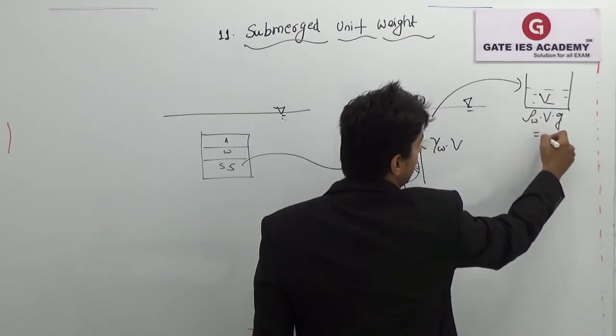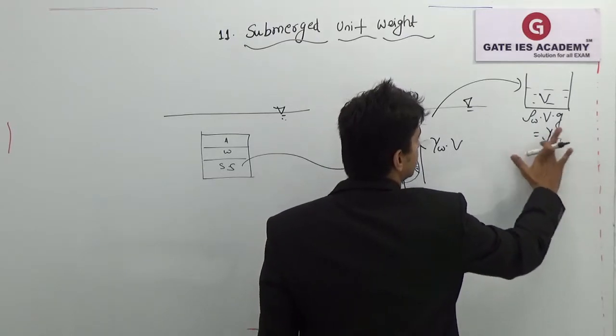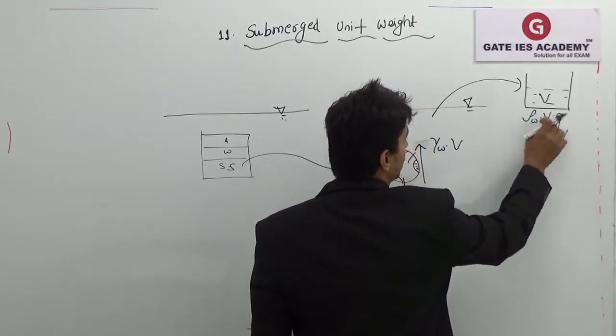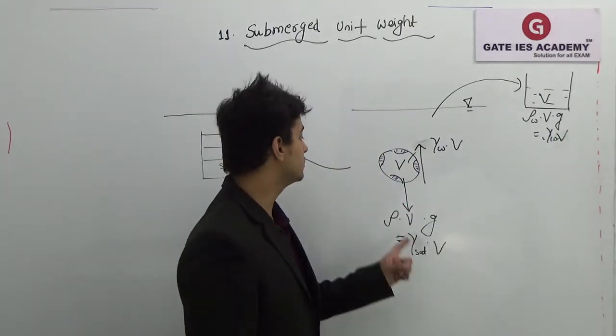That is gamma W into V, because rho W into g is gamma W. This is the upward force, the buoyant force, acting on any particle. So this is the net force acting on this body.